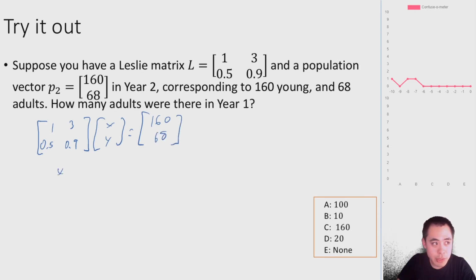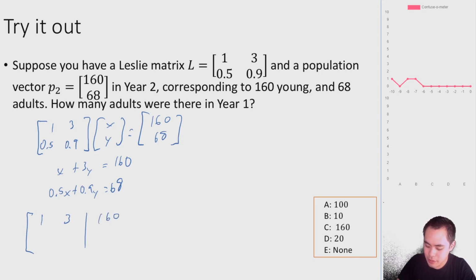And so if you write this out as equations, that's x plus 3y is equal to 160, 0.5x plus 0.9y is equal to 68, etc. But you can write this as an augmented matrix, 1, 3, 160, and 0.5, 0.9, 68. And now you just need to solve this.